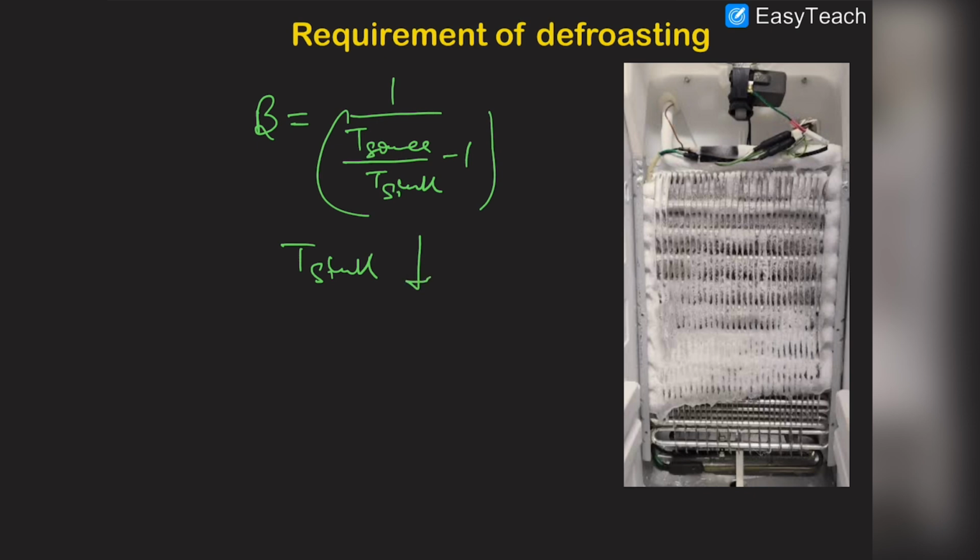Due to this decrease in temperature, this term decreases, this complete term increases, and beta decreases, which means that due to deposition of ice inside the refrigerator, the sink temperature decreases and the performance coefficient of the refrigerator decreases. Due to this decrease, the refrigerator efficiency decreases and the cooling is affected.